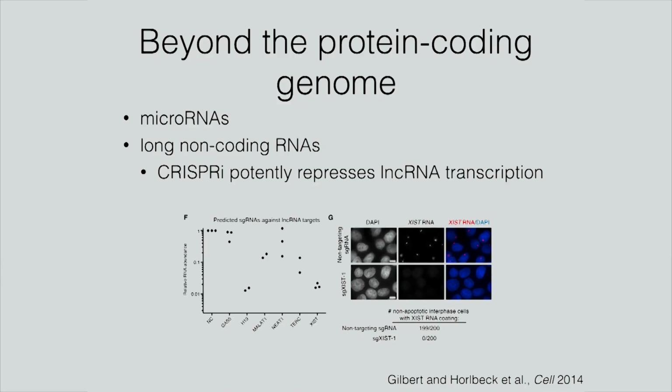If you do FISH, that's normally what we see, that each cell has a focus of Xist expression, but knocking it down makes it completely non-visible, at least on FISH, and by qPCR it is almost totally gone. So that's going to be an exciting set of tools to figure out what long non-coding RNAs are actually doing and which are required for cellular processes, both for screening and as an individual tool.